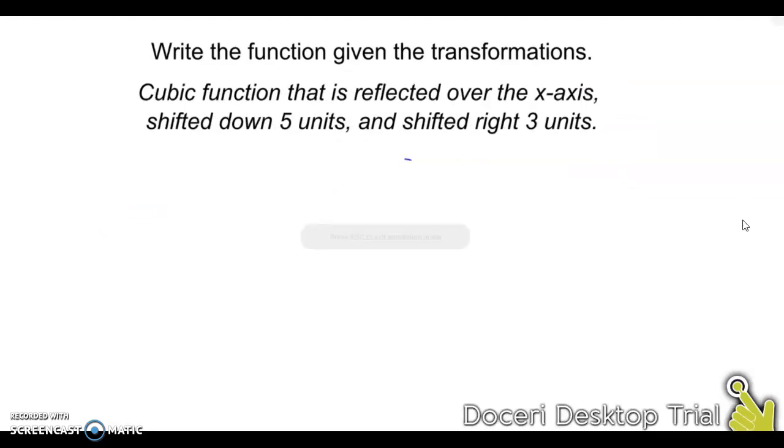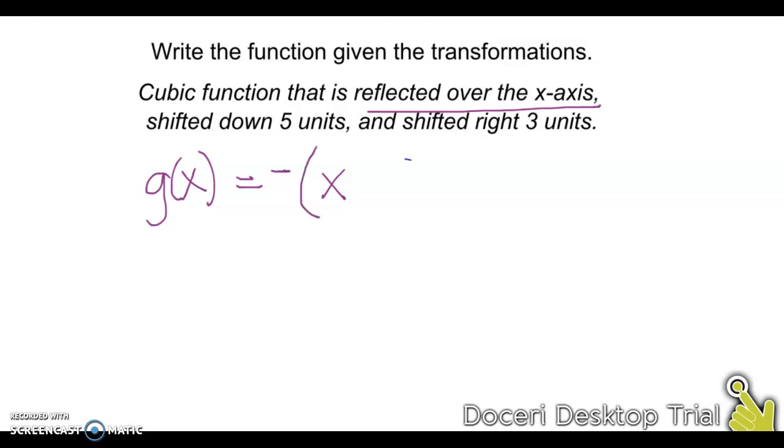Write the function given the transformation. A cubic function, so g of x equals x cubed, that is reflected over the x-axis. Reflected over the x-axis. That gives me negative.